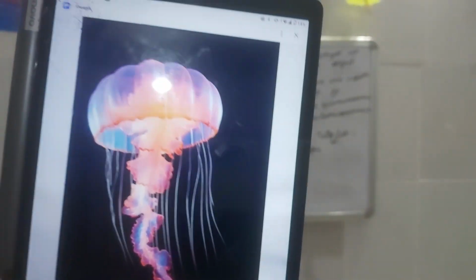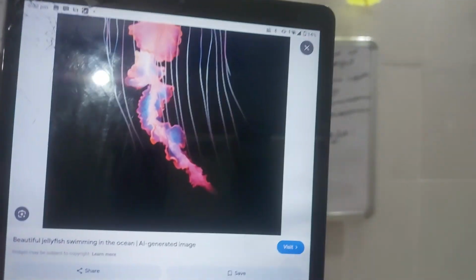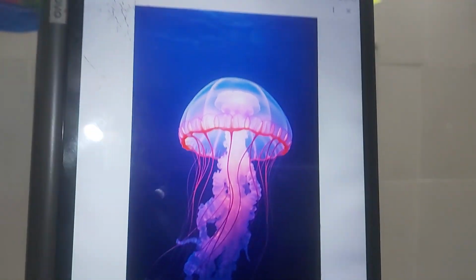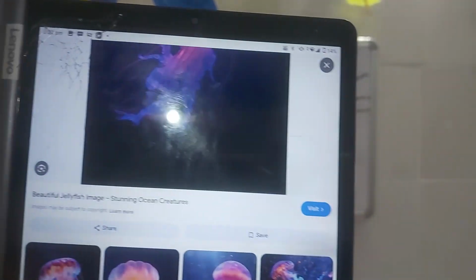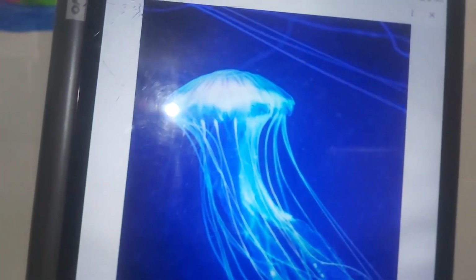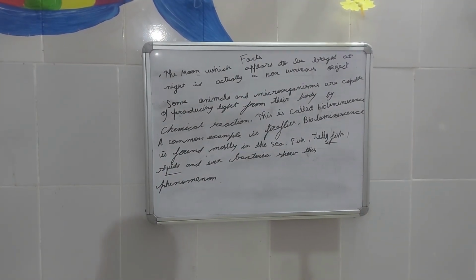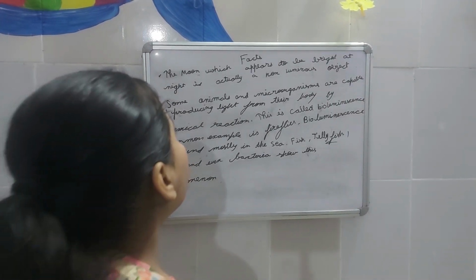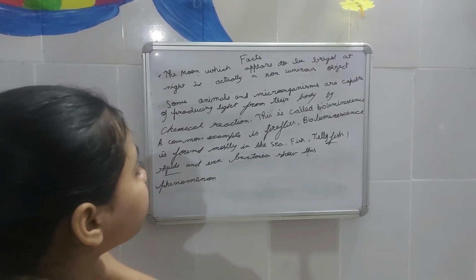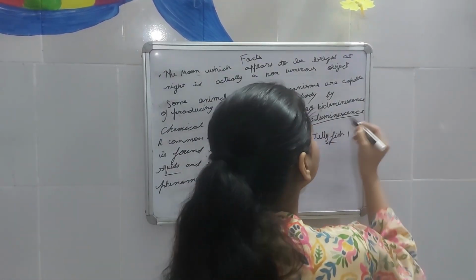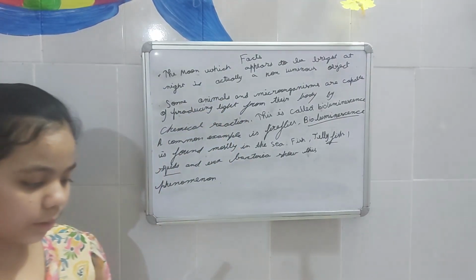You can see here is too much light, and over here also there's too much light. We can say that the chemical bioluminescence is present in them, right?